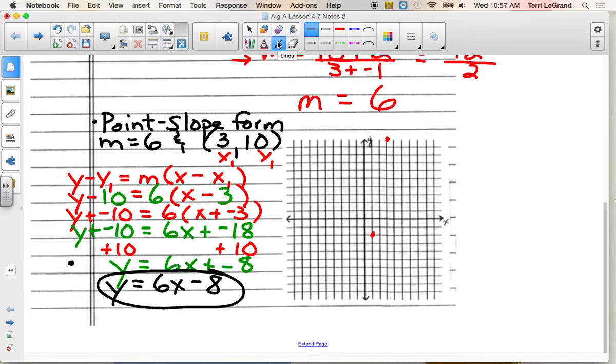And do a good job of putting your ruler through those points to try and get a good line.